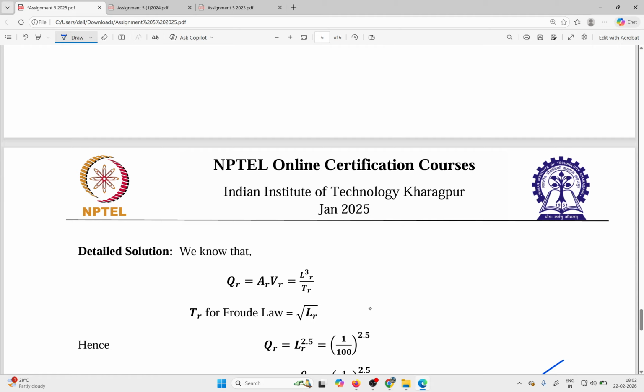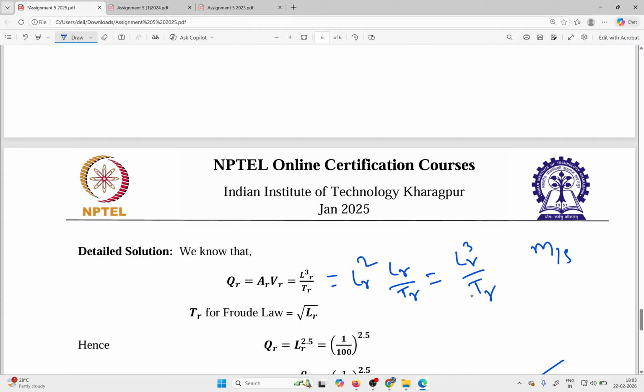Let me explain this also, this is also very important. AR is nothing but LR square, and VR is meter per second, which means LR divided by TR.